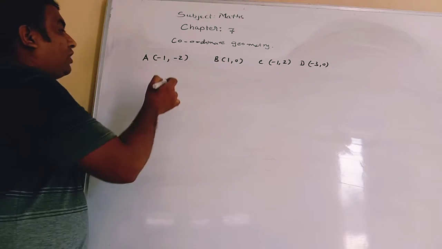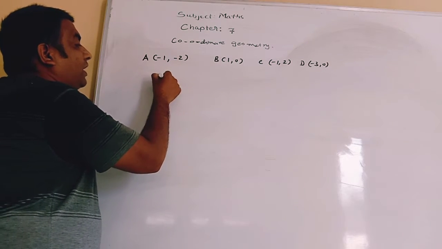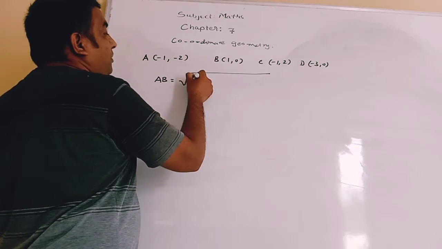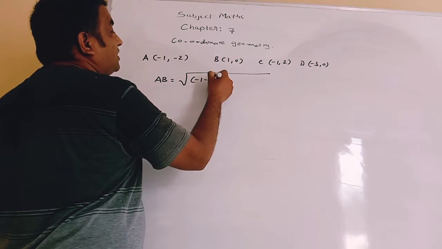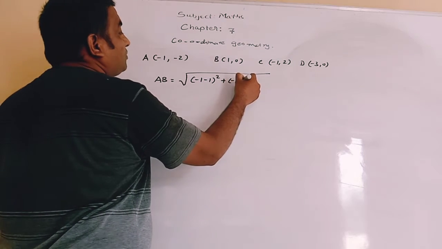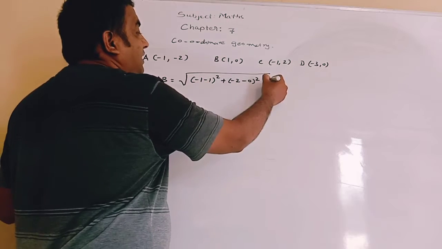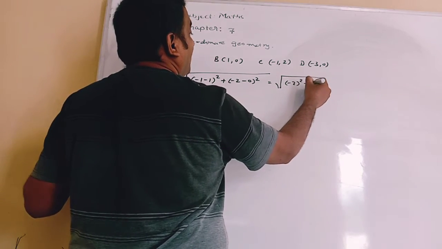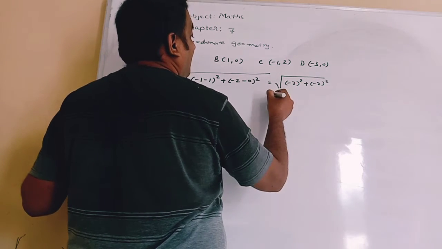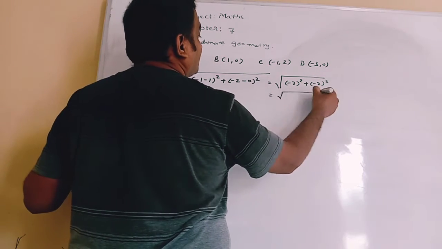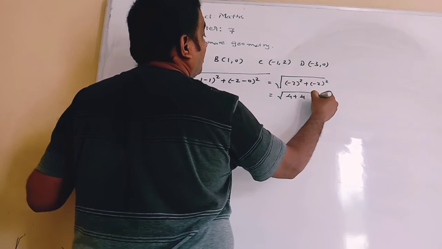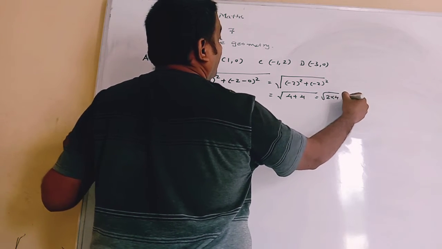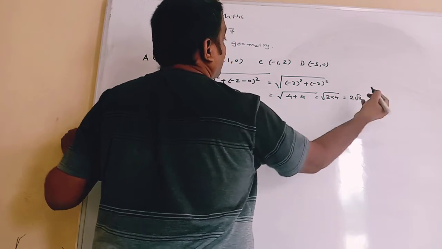So now we find out 4 sides. So first we find out AB, then AB equals to root of (-1 - 1) square plus (-2 - 0) square. So -1 - 1, that is -2 square plus -2 square. So -2 square, -2 square, that is 4 plus 4, root 8 or 2 times 4, that is 2 root 2.